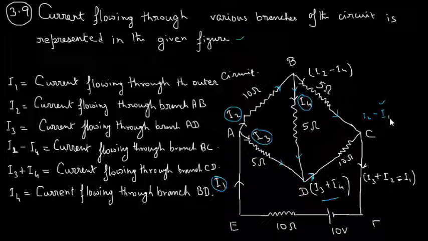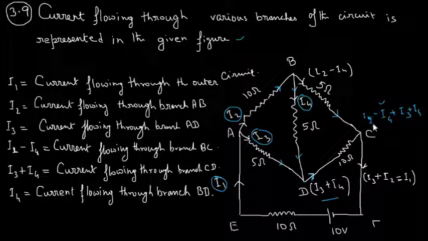So at point C, I2 minus I4, which is flowing from BC, and I3 plus I4, which is flowing in the arm DC, meet and I4 gets cancelled.